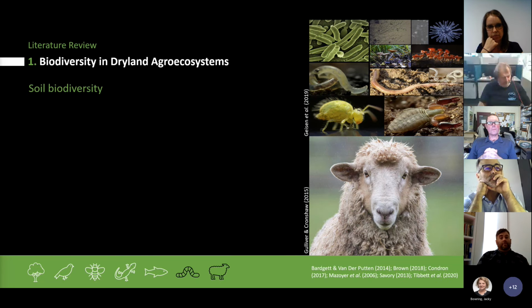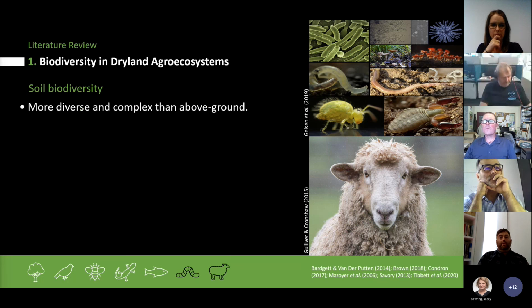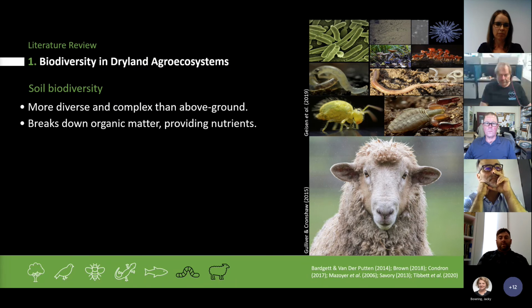Looked at soil biodiversity. So it's more complex and diverse than above ground biodiversity, with millions of different species existing in any given ecosystem. It's essential for breaking down organic matter, building soil health and quality, and providing nutrients to plants via interactions in the rhizosphere.